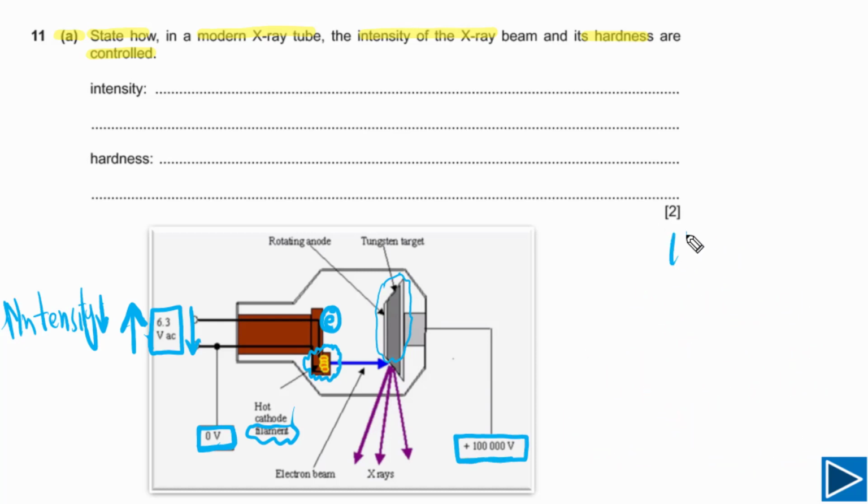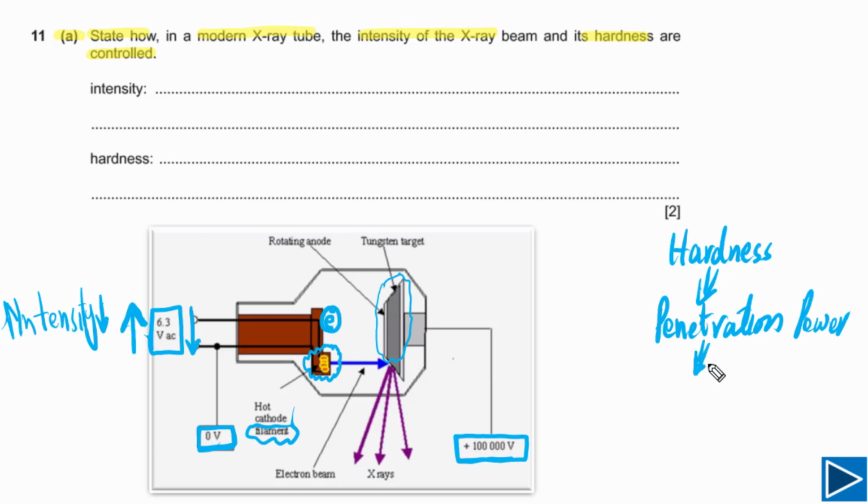Let's try to understand what hardness is. When we talk about the hardness of X-rays, we are talking about the penetration power of X-rays. If they have higher penetration, it means the energy of the photon is greater, and the energy of a photon depends on the frequency of X-rays.